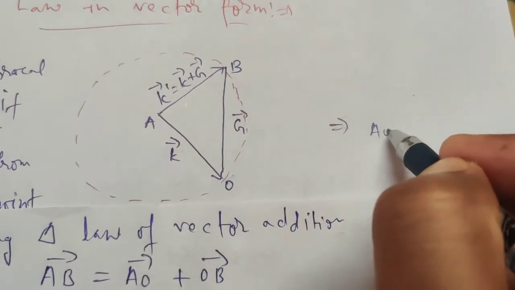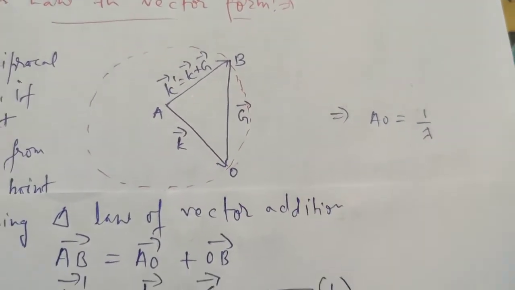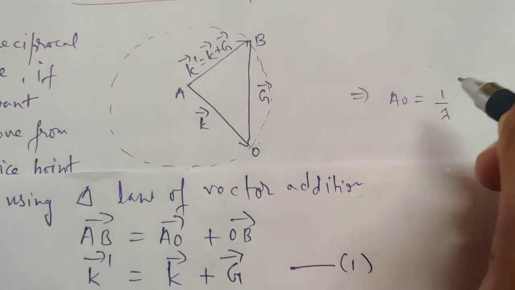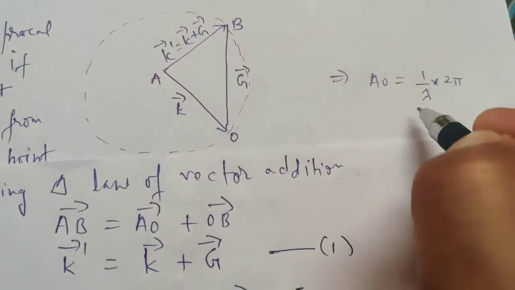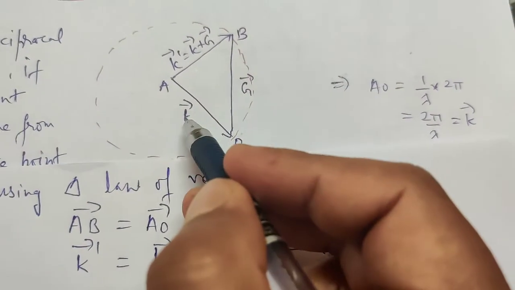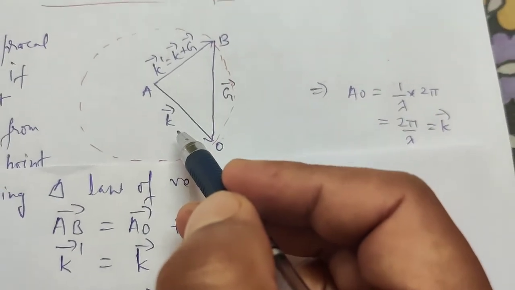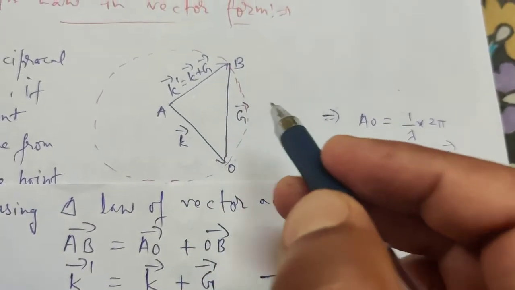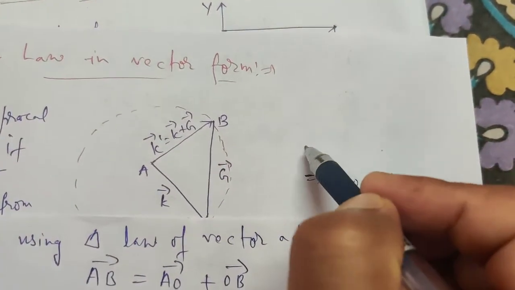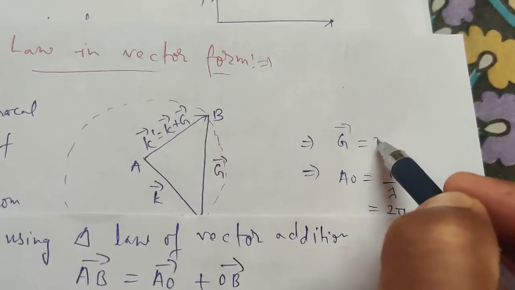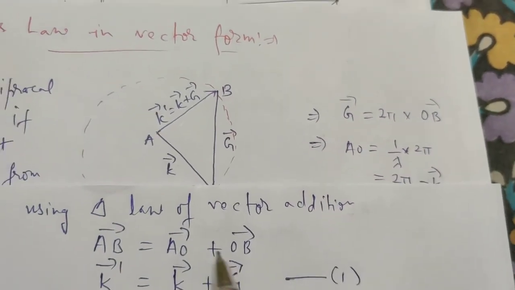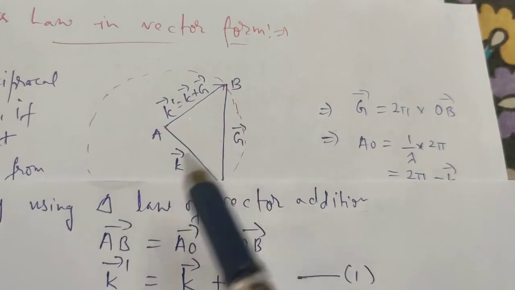Since in reciprocal lattice we multiply by a constant 2 pi, this will be 2 pi upon lambda, which is nothing but the wave vector K. And OB is equal to G, so G is 2 pi times the vector OB. That's how these are written in this vector diagram.